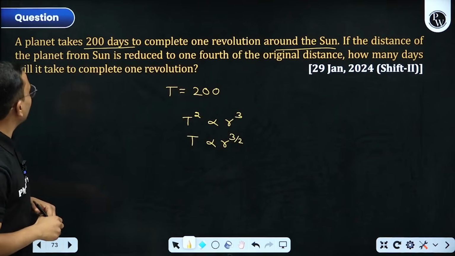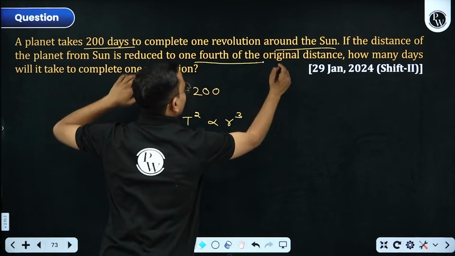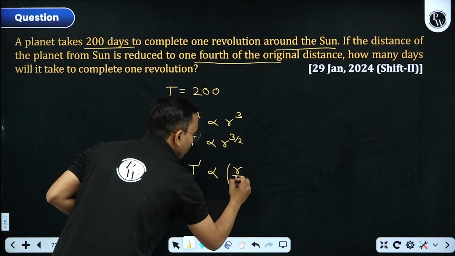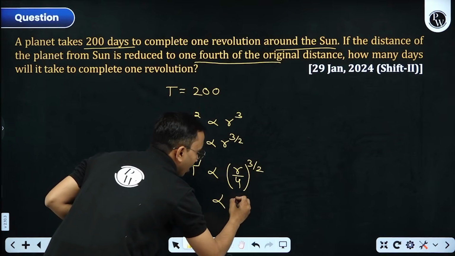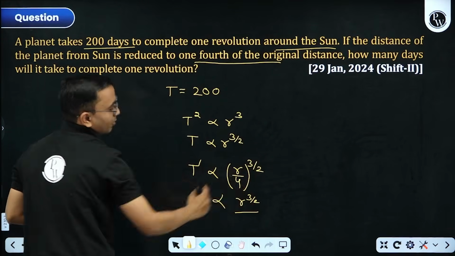If the distance of the planet from the sun is reduced to 1/4, so my T dash is r by 4 to the power 3 by 2. What is that? R to the power 3 by 2 divided by, 4 to the power 3 by 2 is 8.